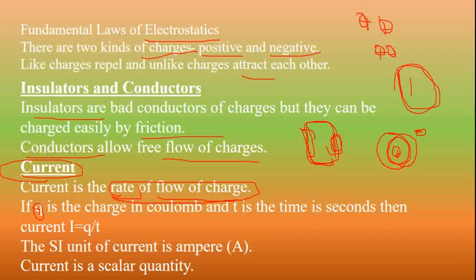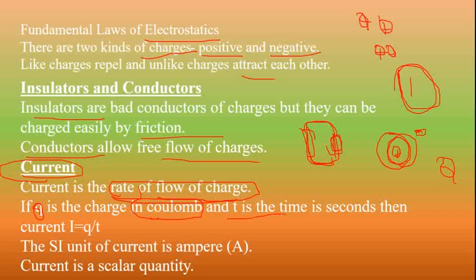To represent charge, we have given a letter, Q, and the SI unit of charge is coulomb. It is named after a famous scientist who discovered it, Charles Augustin de Coulomb.